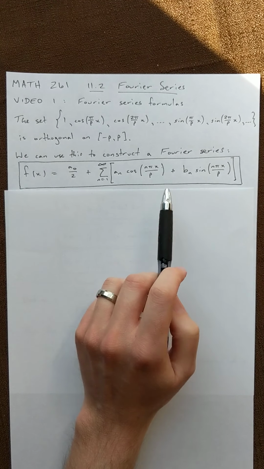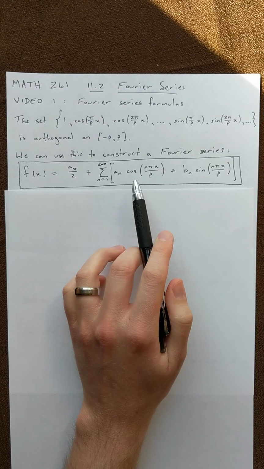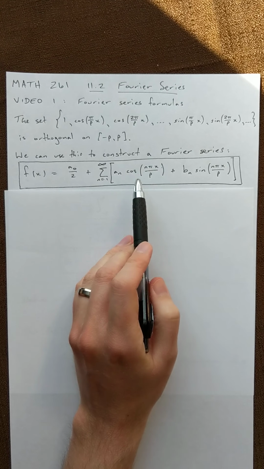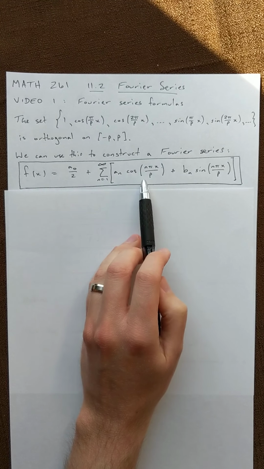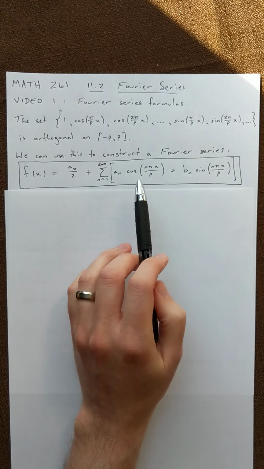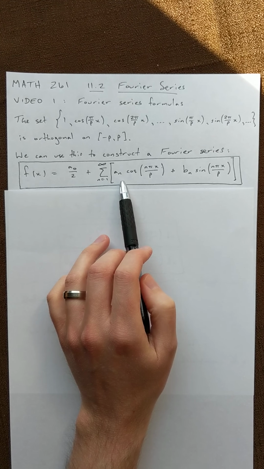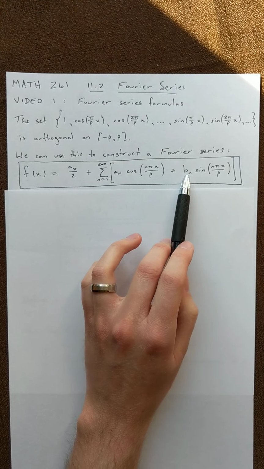So this looks already way weirder than any series we've seen before, because all the series we've seen before have been power series that just had a power of x. Now we have cosines and sines. Also, we don't just have a single series, we have two different series. We have cosines, we also have sines, which means we have two different sets of constants. We don't just have a c_n times x to the n, we have a_n's going with cosines and b_n's going with sines.